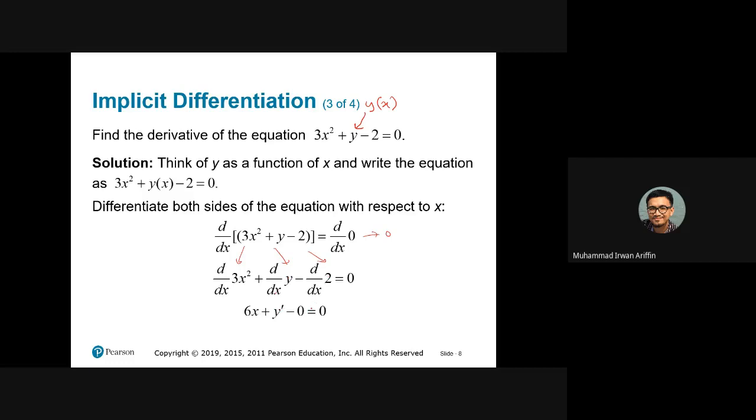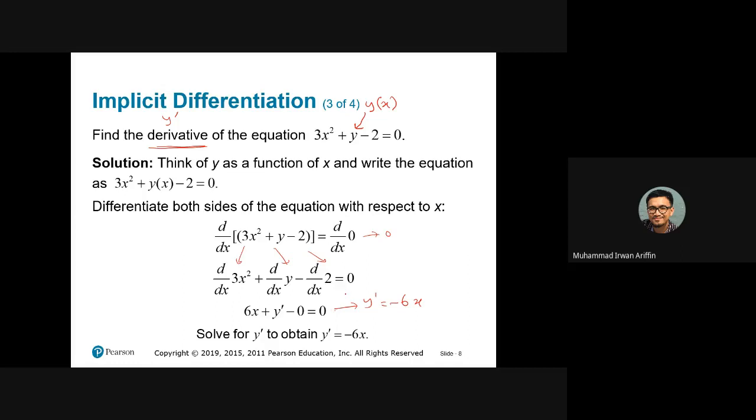And this is 0. Now from here, we need to rearrange because the question asks us to find the derivative, which means we need to solve for y prime. So we subtract 6x from both sides, and we have negative 6x.